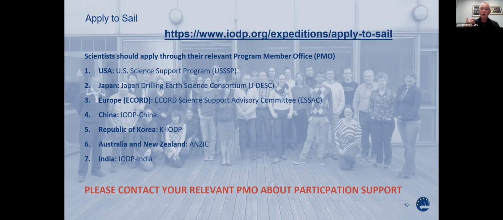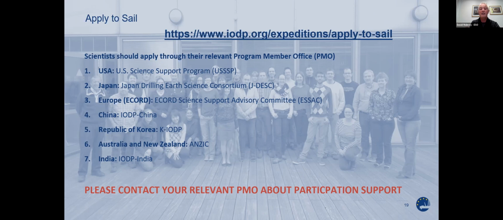The expedition will obviously pay for your accommodation and subsistence while you're offshore and while you're attending the onshore science party in Bremen, but all other costs must be paid by your local PMO or from other sources. These other costs are things like travel to and from the ship and the onshore science party, any post-expedition grants to help you work on samples, travel to post-expedition meetings, and in some cases, salary compensation as well.